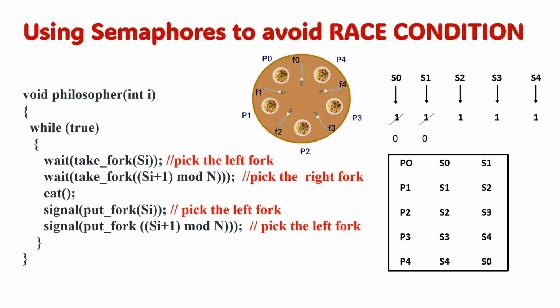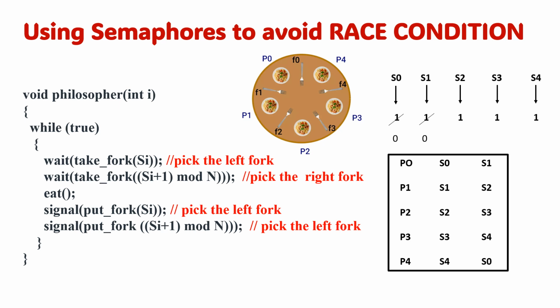What is the value of i here? It is the same as the philosopher index. If P0 is philosopher number 0, then the i value is 0. So automatically the semaphore value would also be 0.